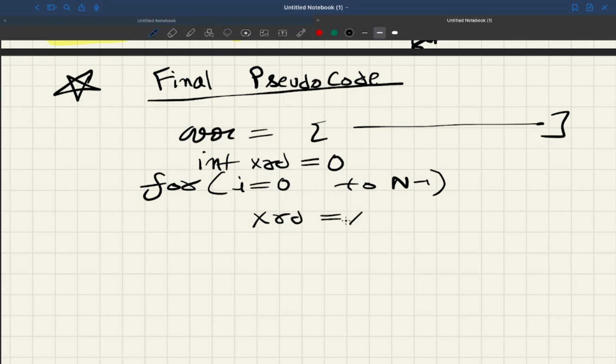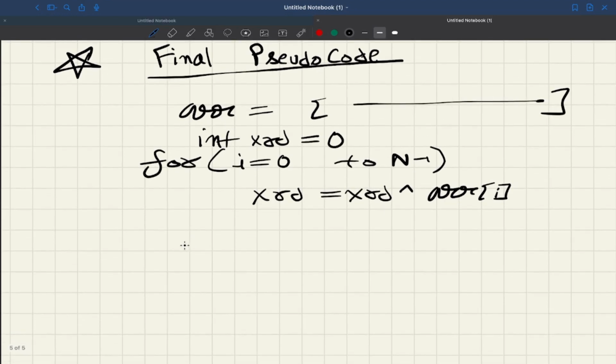So Zord equals Zord XOR ARR[i]. After the end of all these iterations, in Zord I will have the XOR value of those two unique numbers, right? Now I have to take the XOR of group 1 and initialize it with 0, and I have to take the XOR of group 2, initialize it with 0.